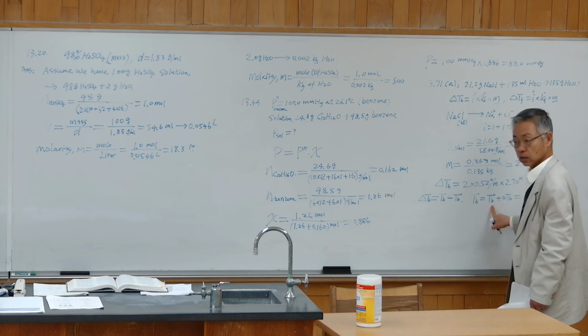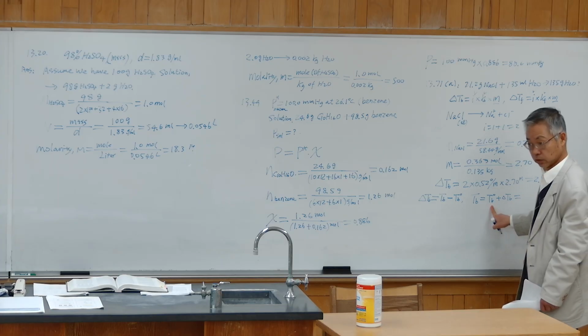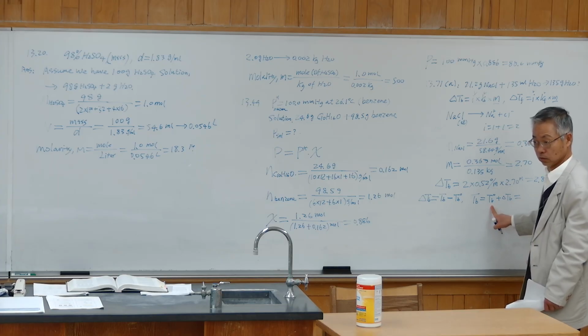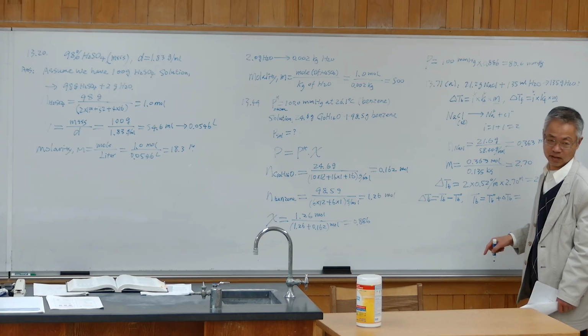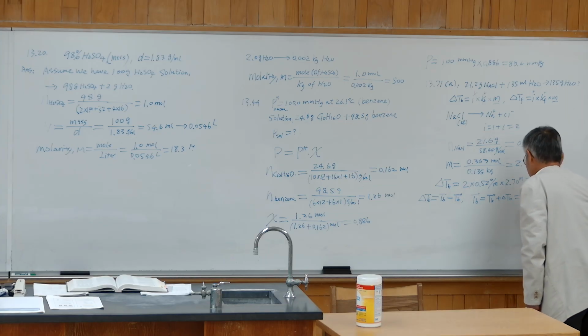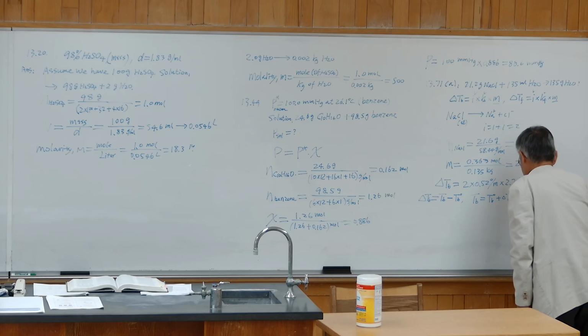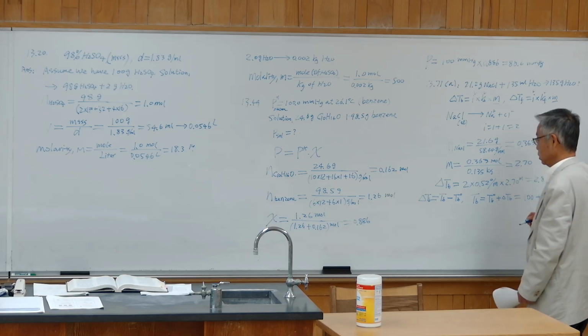TB0 is the boiling point of pure water, that is 100 degrees Celsius. Do you remember this? It is a very common number. Pure water boils at 100 degrees Celsius, and delta TB is 2.8, so together it is 102.8 Celsius degree.